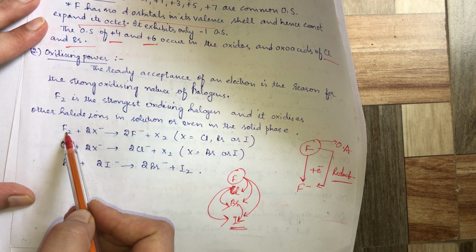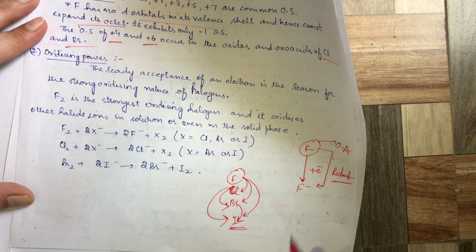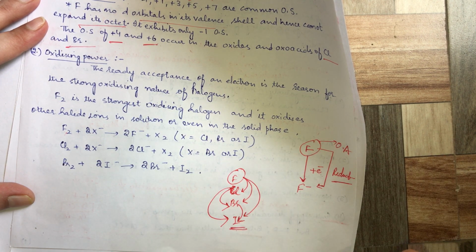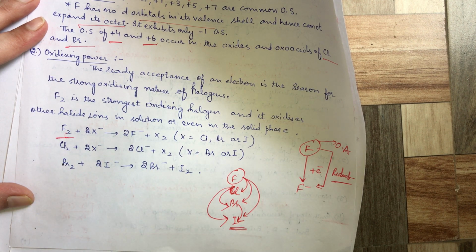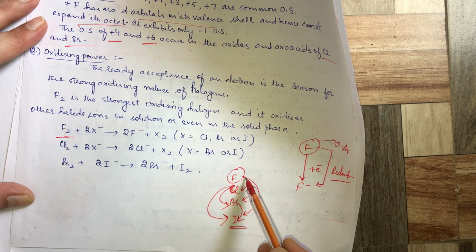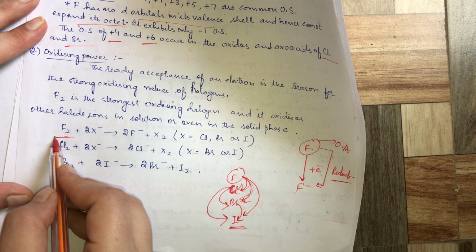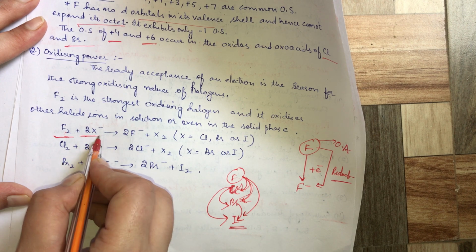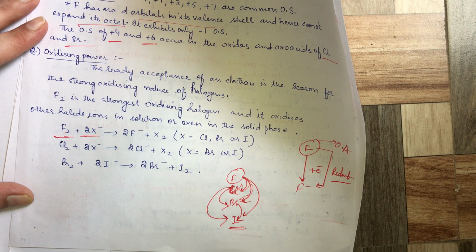So F2 will be able to oxidize, so fluorine is the oxidizing halogen, right? Fluorine will be able to oxidize the chloride ion, the bromide ion and the iodide ion. Hence fluorine will be able to oxidize, and it will itself get reduced.